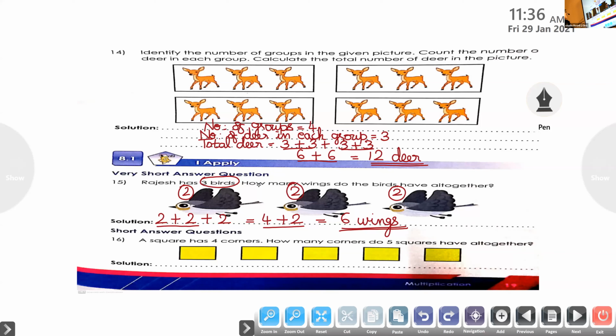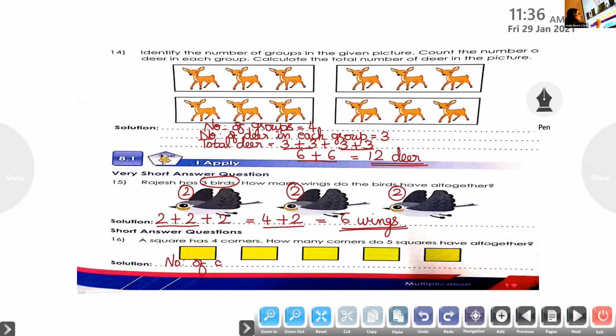A square has 4 corners. How many corners do 5 squares have altogether? So what should be the first statement? Number of groups.